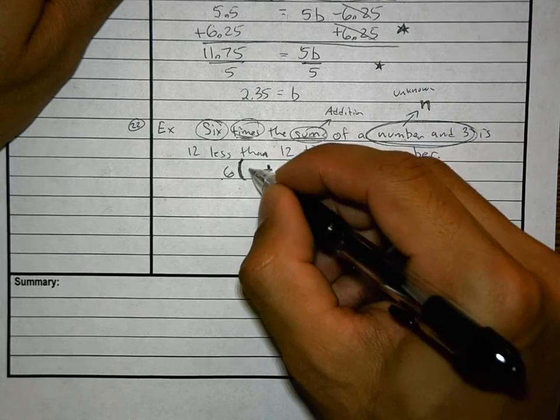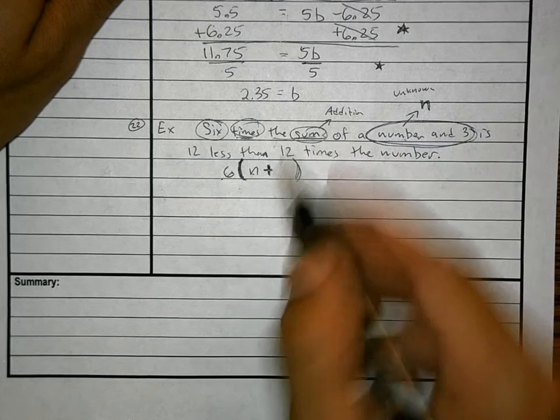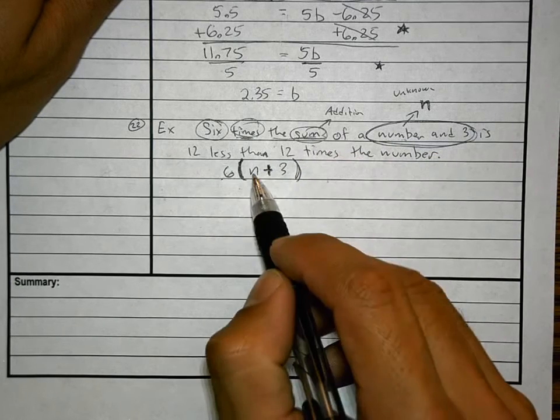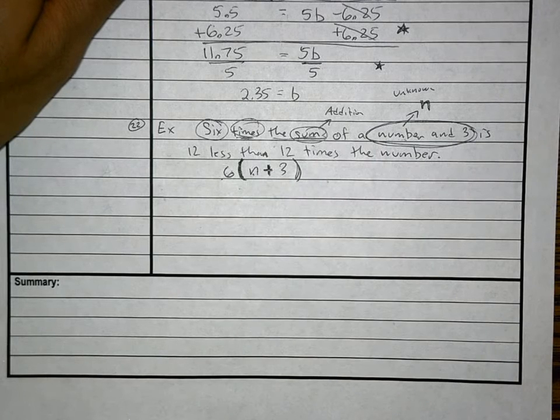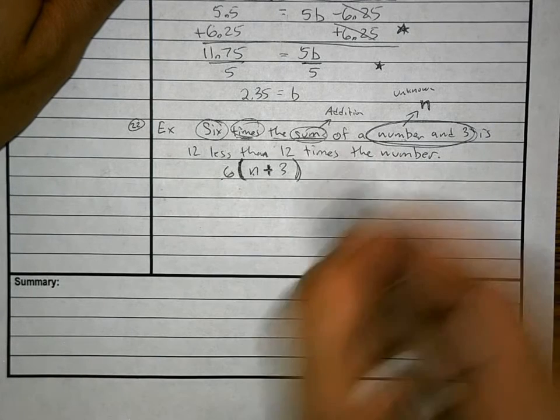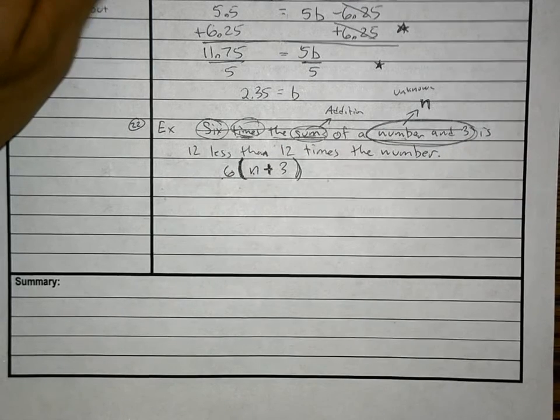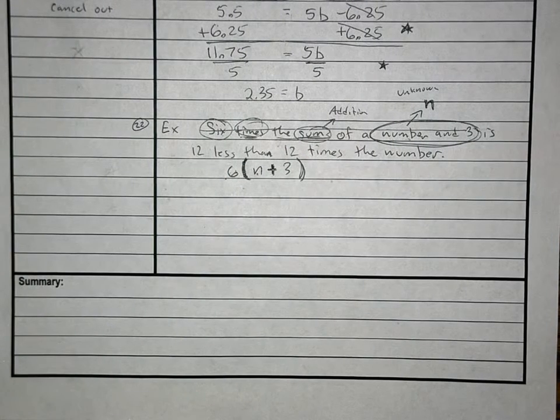A number and 3. 6 times the sum of a number and 3. That's a long thing, so I'm going to cross all this off. I've done all the part right there. 6 times the sum of a number and 3. It's there. 6 times the quantity of n plus 3. That's what I just did.